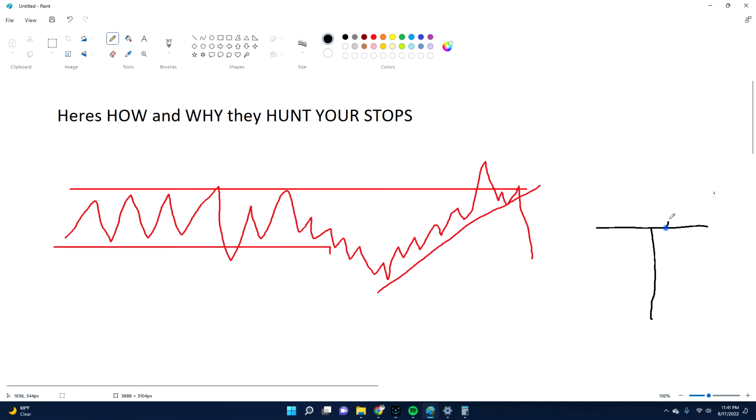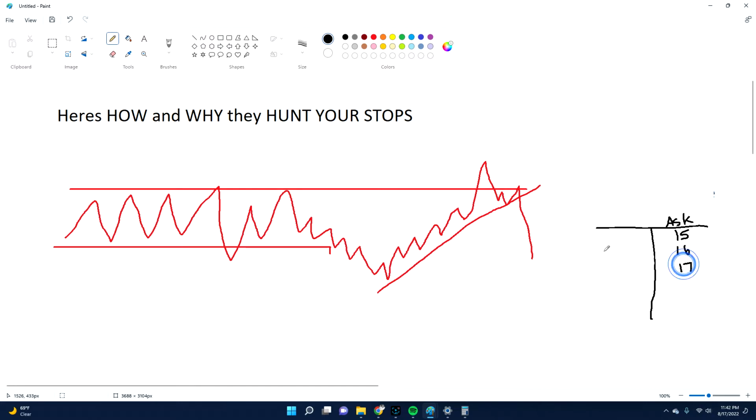We're going to go over this real quick. The ask is the price that the seller wants to sell for, what he's willing to accept right now. Ask is always going up.